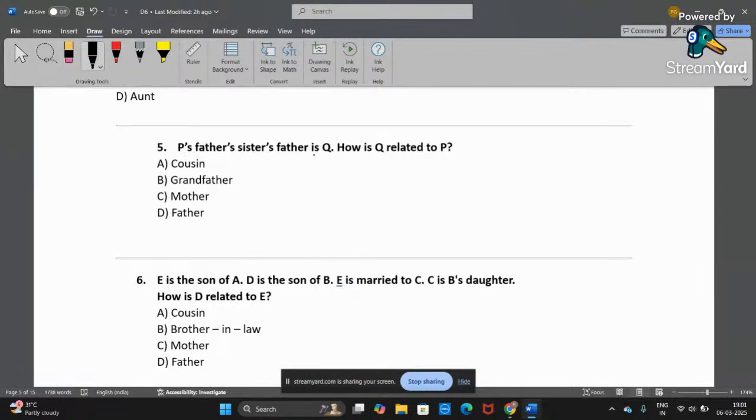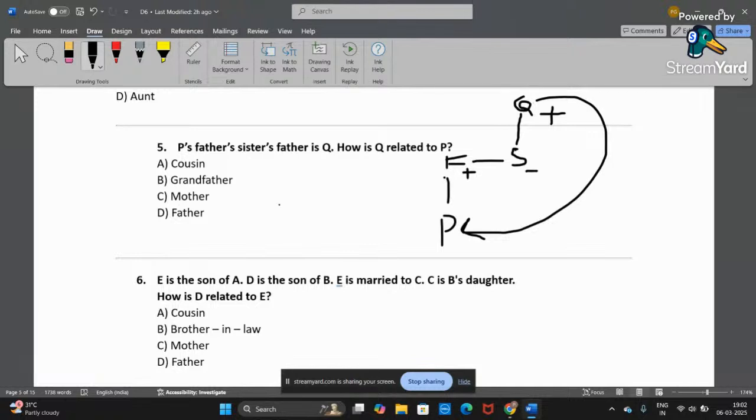P's father, sister's father is Q. P's father, we don't know. Father is plus. Sister, so let's write it this way. The sister's father is Q. Even for F, the father is Q. F is boy, S is girl. So how is Q related to P?